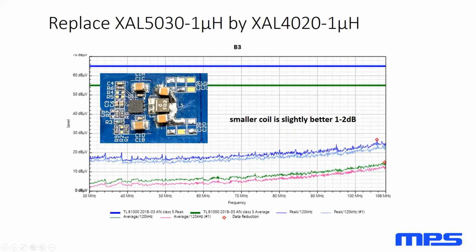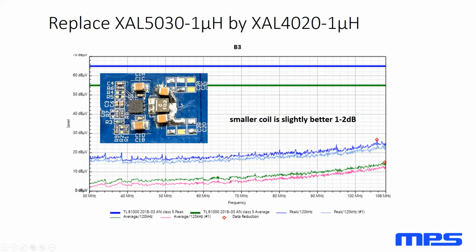The dark blue is the peak for the 5030, and the light blue is the peak for the 4020, as well as the difference in the average of those two inductors down here below. So smaller is definitely better. And start of winding, as mentioned on the previous slide, paying close attention to that is definitely a good idea.